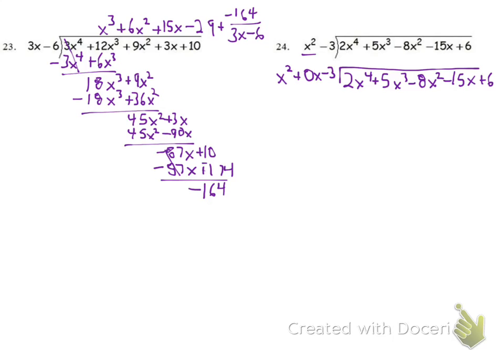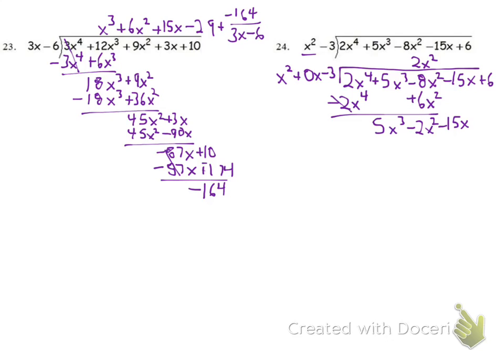Alright, so we start with our first term, 2x to the fourth. Let's do a 2x squared to that. 2x to the fourth. Now the middle term is 0, so we don't need to put it in. Minus 6x squared. Change our signs. I bring down a 5x cubed minus 2x squared minus 15x.